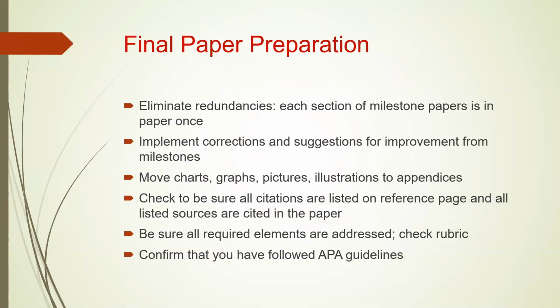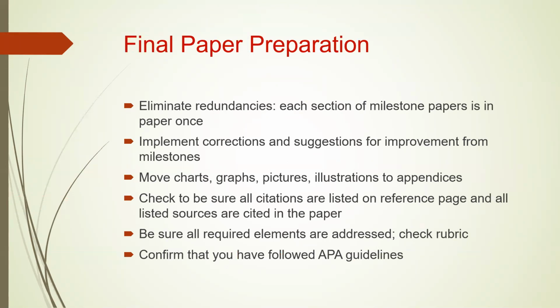Now, if I've said this before, as you start preparing for that final paper, and I would have someone starting to work on that in Module 9, this is a bear of a paper. You've got to combine all the previous elements. Eliminate redundancies. Each section of the milestone paper should only be in the paper once. Implement corrections and suggestions for improvement from the milestones.